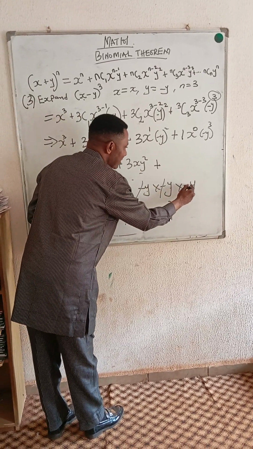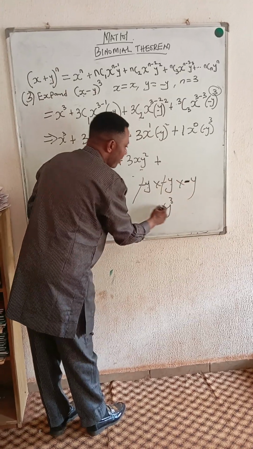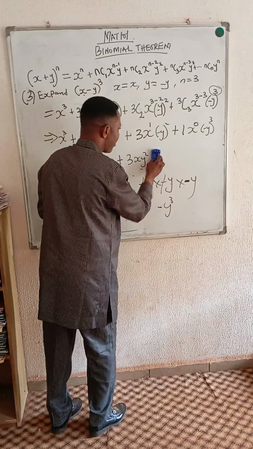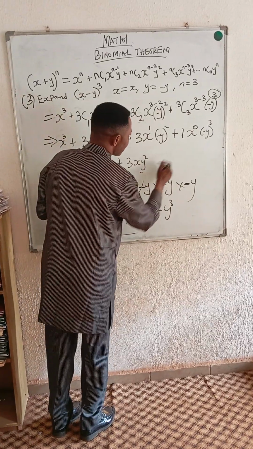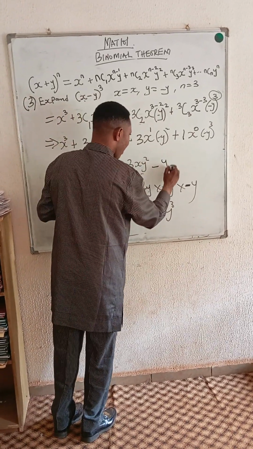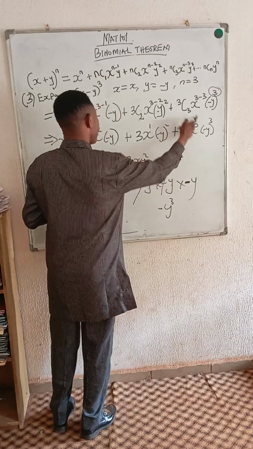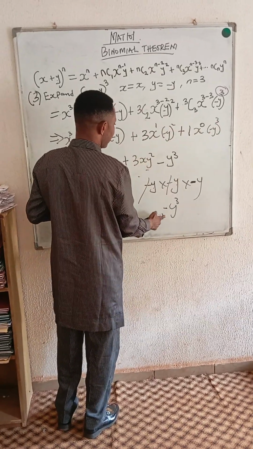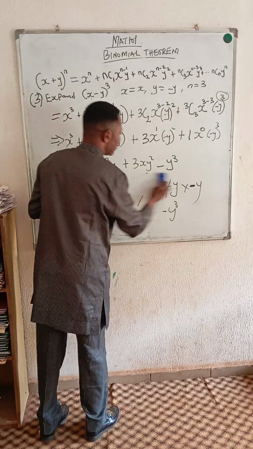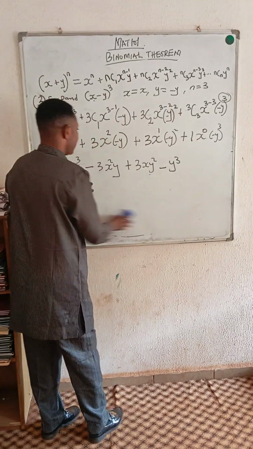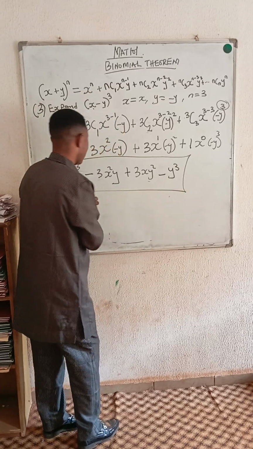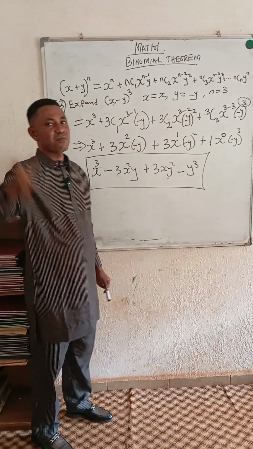But because there is a minus left, the minus must follow it. That is why this sign can never be plus. So this minus will now be here, so minus y power 3. Look at it again. x power 0 is 1. 1 times 1, 1. Then this is minus y power 3. And last, this expression now is the answer. Bye.